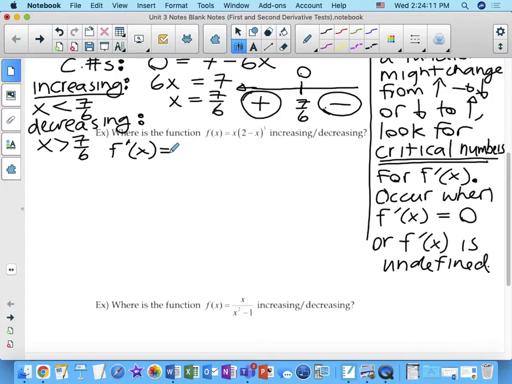So u prime v, derivative of x is 1, times 2 minus x cubed, that's v, so 2 minus x cubed, plus u v prime, so x is u, and the derivative of 2 minus x cubed, this is a chain rule, so we're going to have 3 times 2 minus x squared times the derivative of this part, which is negative 1.